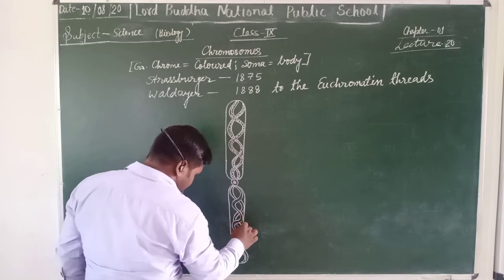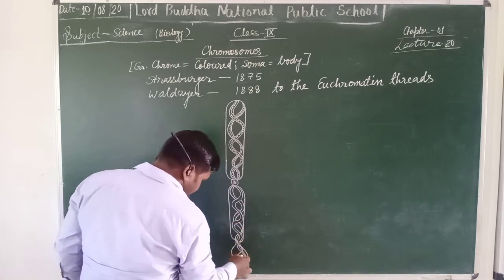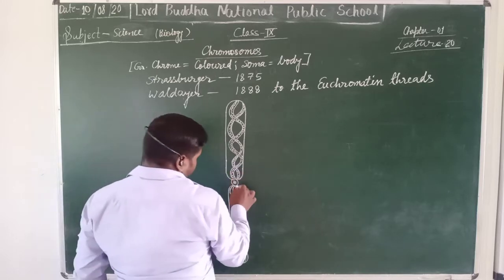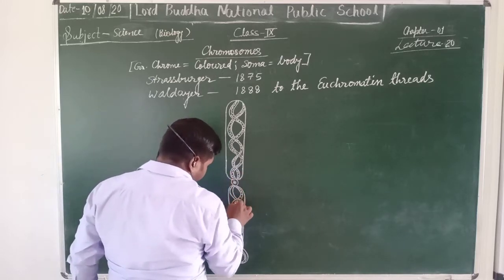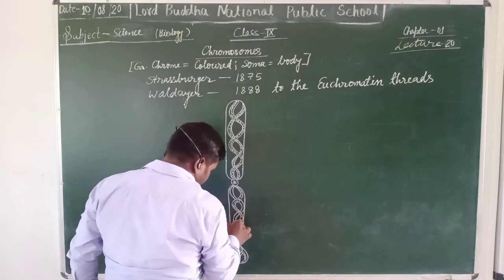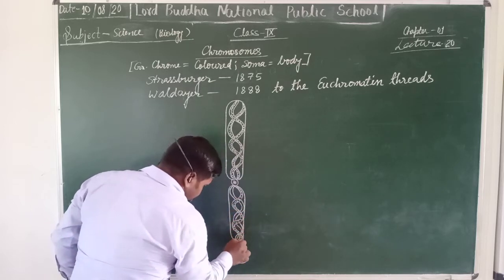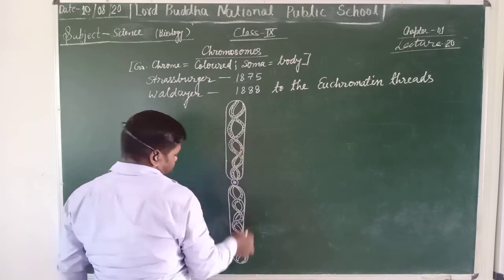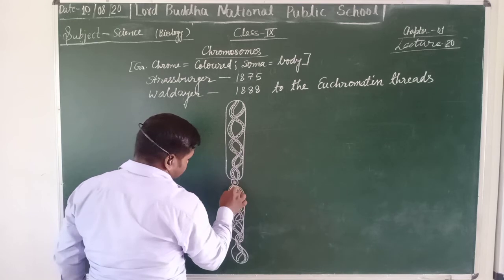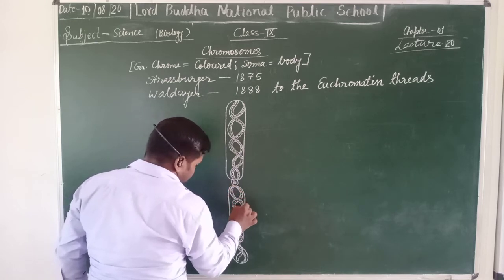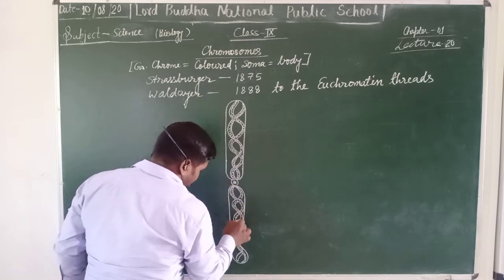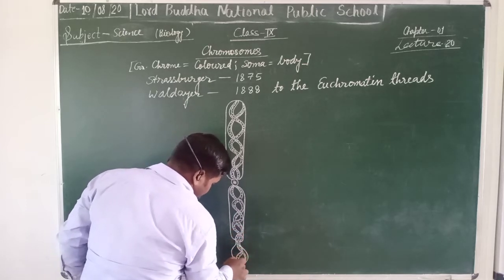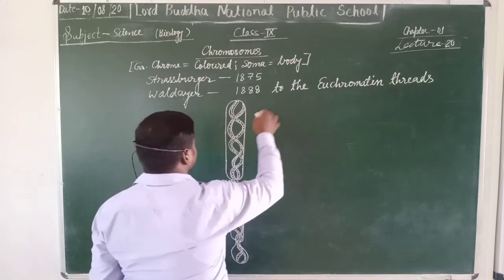These are the double-stranded helical structures of the chromosome, and here I draw the chromomeres. The end of the chromomeres is said to be the telomere. The term telo means end and mere means thread-like structure.